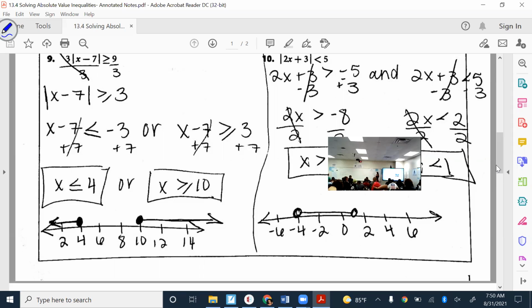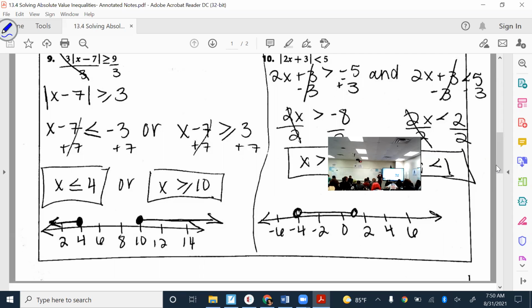So get the x by itself. Instead of subtracting 7, you should have added 7. What's negative 3 plus 7? 4, positive. And then 3 plus 7 is 10. And then it's an or statement, so just bring down that or.